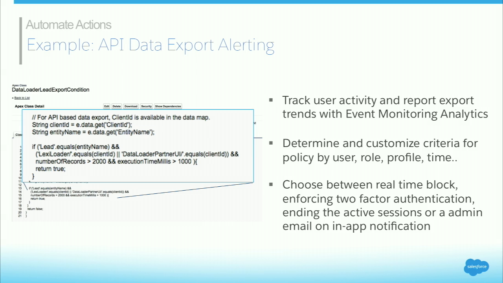And similarly, you would look at using the analytics solution of the report export activity and trending, and then basically write the specific real-time policy and perhaps customize it based on user role, perhaps time and additional criteria, and then apply the appropriate action. So let's move on to the demo, and let me give you a demonstration of the API data export in action.